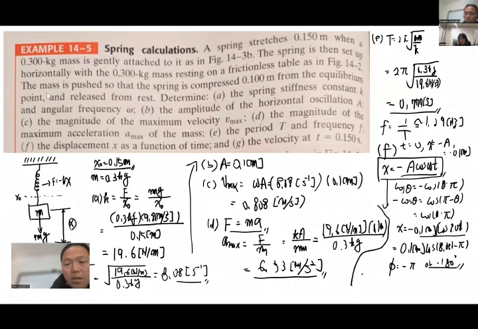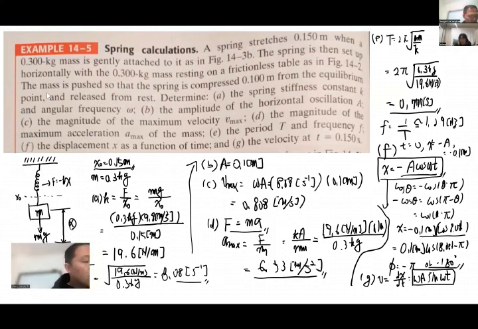The question G, we have to estimate the velocity at 0.15 second. So all we need is to plug that time into the velocity function out of the displacement equation. V is the first derivative of displacement in time, so that is omega A sine omega t.